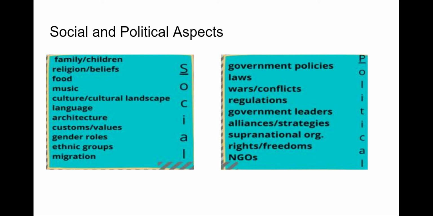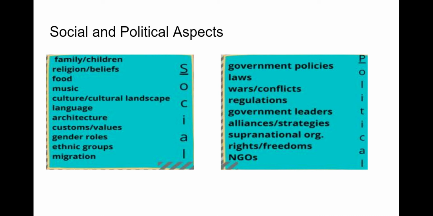The second bullet point is the P, political. What effect do government policies have on what you're watching or looking at? That might be specific laws or regulations within a country. It might be relations with other countries that it borders.